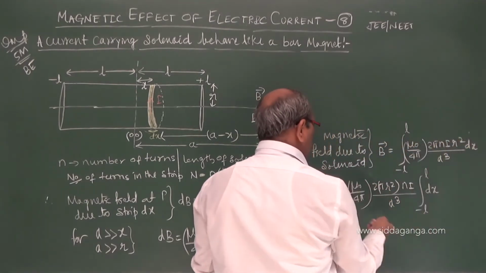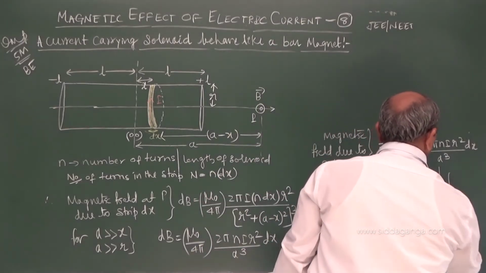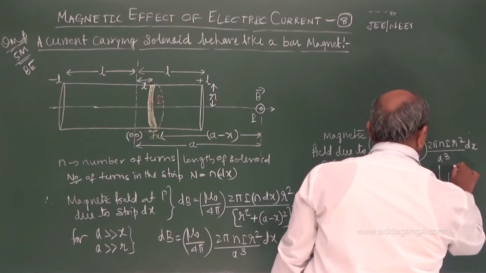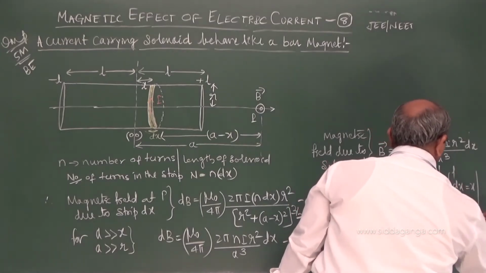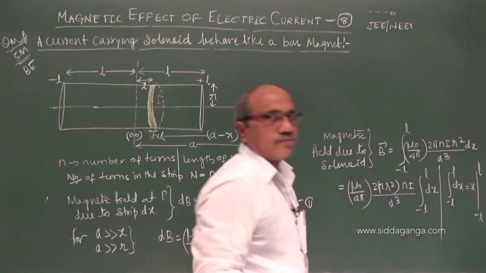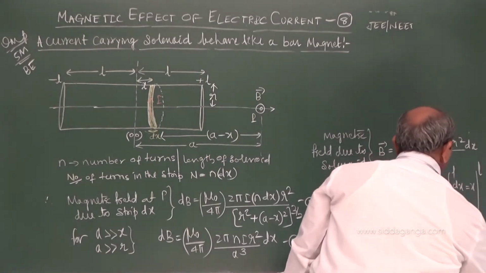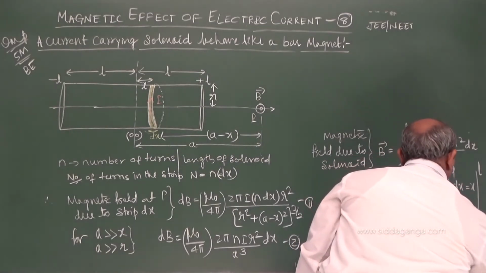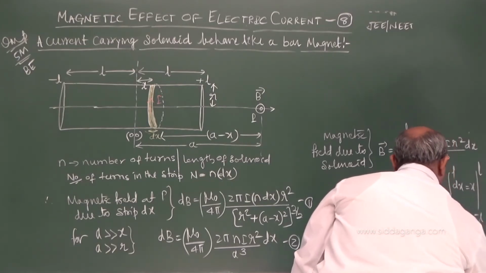The integration of dx from minus L to L becomes x ranging from minus L to plus L. That gives the value L minus of minus L, which is 2L.